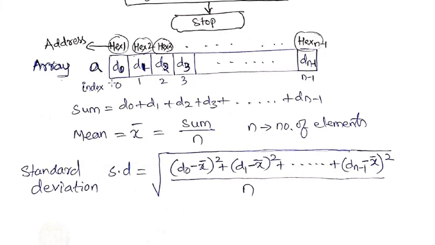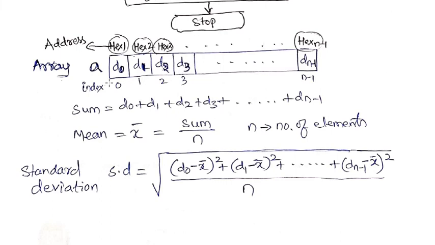So this is the array A, and we know what an array is. An array is a collection of similar data elements, a collection of either integers or floats or chars. Here we have an array A with a size of n. The number of elements in this array is n, and the values stored at each of these index locations are d0, d1, d2, d3.